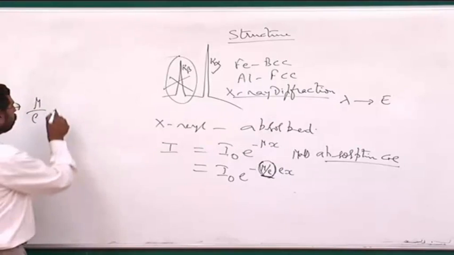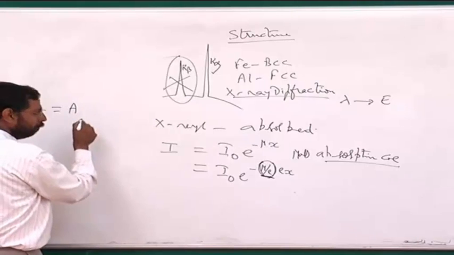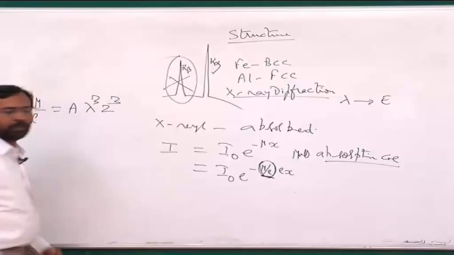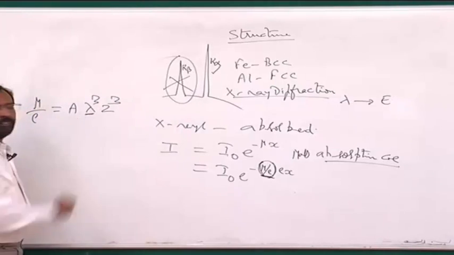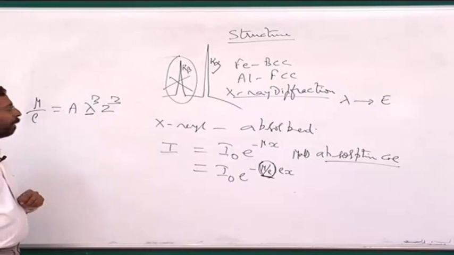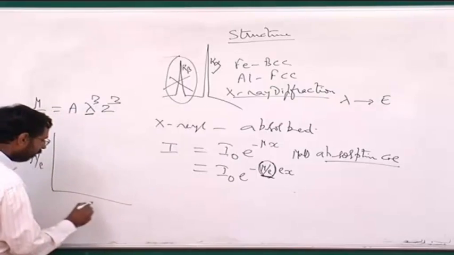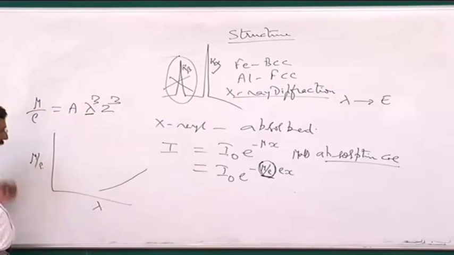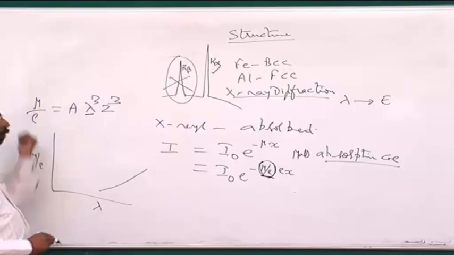People have found that it is a function of A into lambda cube into Z cube, where lambda is the wavelength and Z is the atomic number. So if I plot mu by rho as a function of lambda, I see that mu by rho decreases as the lambda decreases.